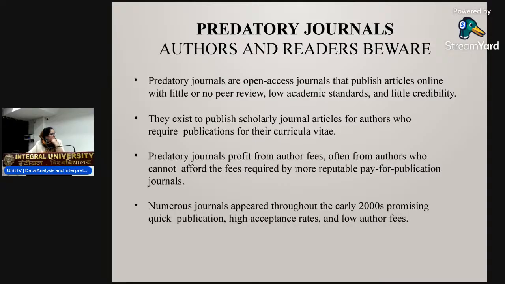They exist to publish scholarly journal articles for authors who require publications for their curriculum vitae, CV, number of publications. Predatory journals profit from author fees, often from authors who cannot afford the fees required for more reputable pay-for-publication journals. Numerous journals appeared throughout the early 2000s, promising quick publication.